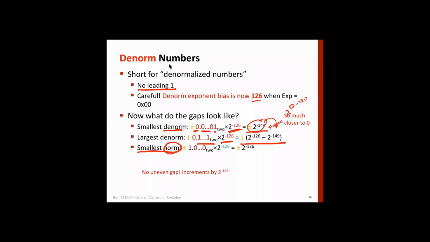The normal number is this one. So between 0 and a, which is equal to 2 raised power minus 126, you have all these values available with a gap of 2 raised power minus 149. Actually, you can calculate the number of values that will be there.